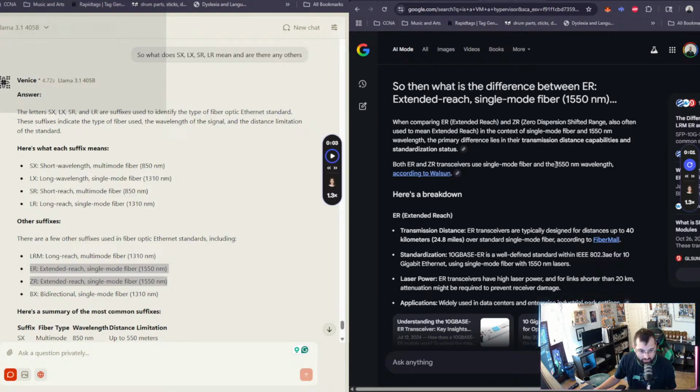So wavelength is the core. So is wavelength the core, and is the core what is talked about?